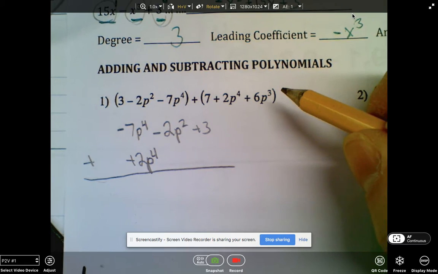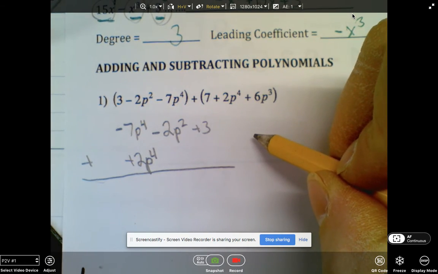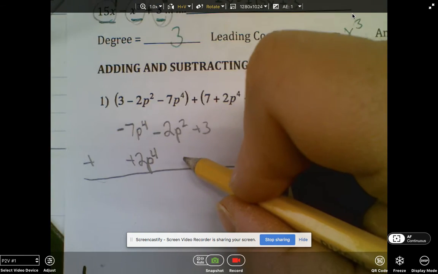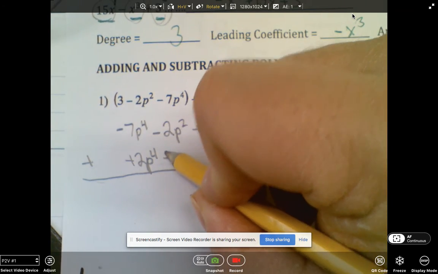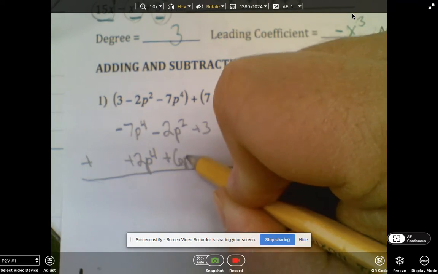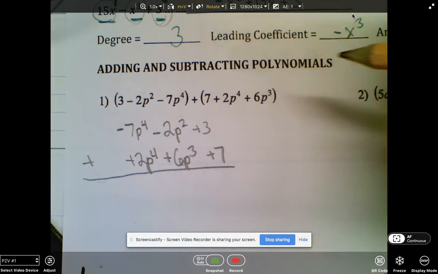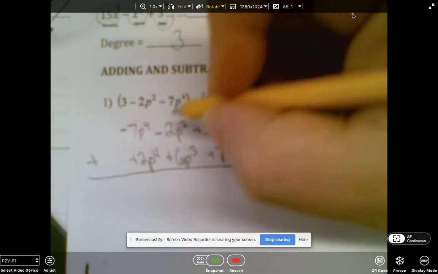And then degree 2, I got nothing under degree 2. But I have a degree 3. I didn't make space for that, so I might just have to keep it in order. Maybe this wasn't the best way to do this method. 6p to the third, and then plus 7. So I'm just going to go with it. Sorry if this gets a little confusing.